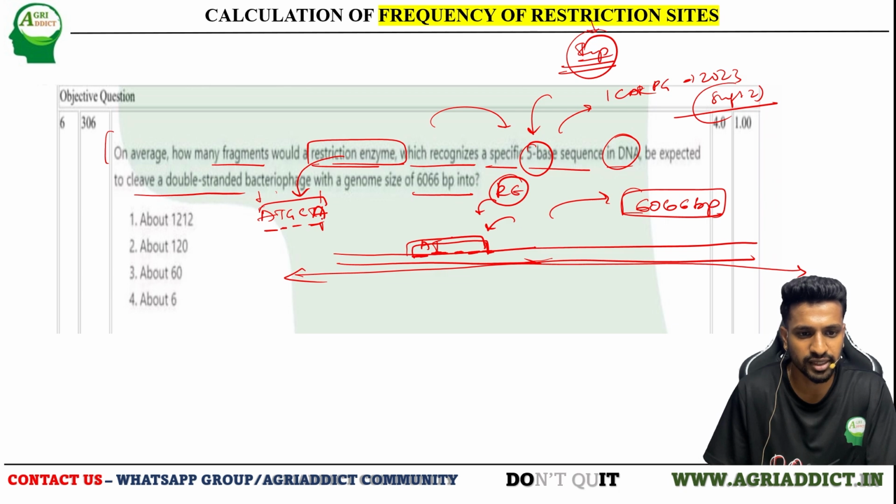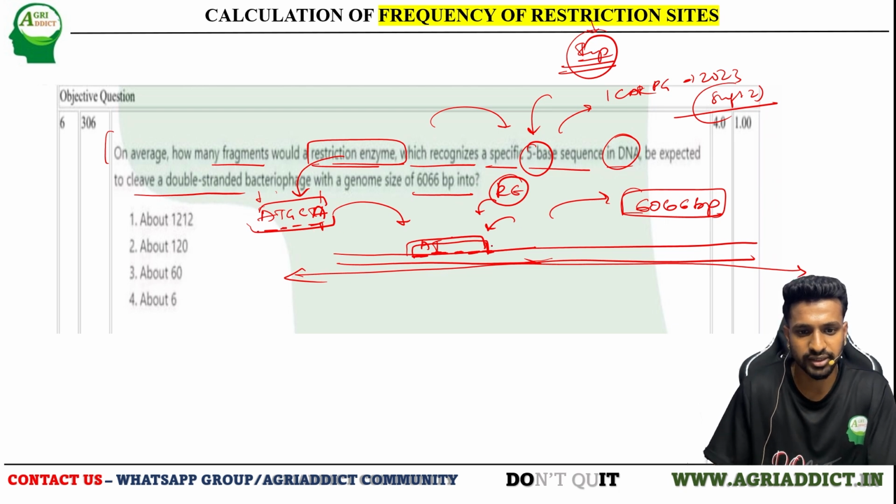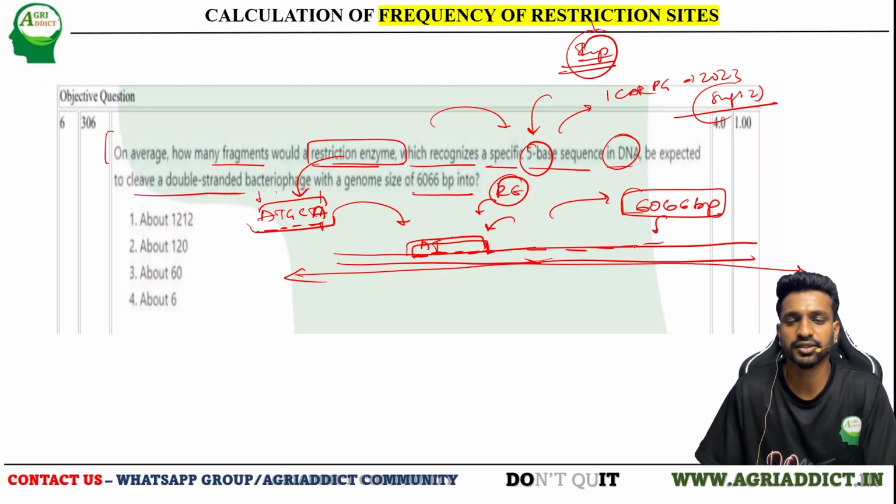So this is what they are asking. If this particular unique sequence is present in multiple copies within this genome of 6666 base pairs, that many cuts will be produced.